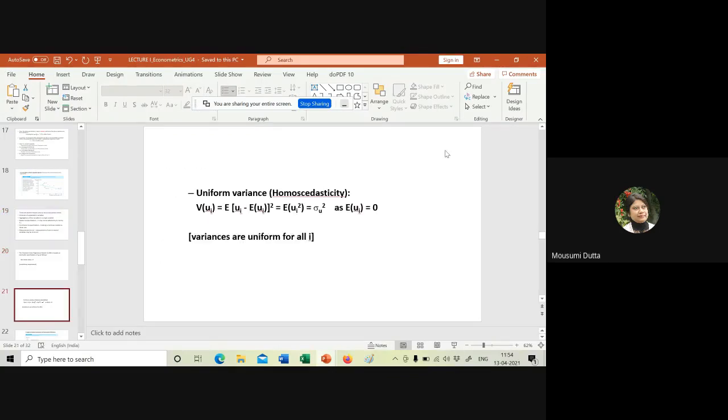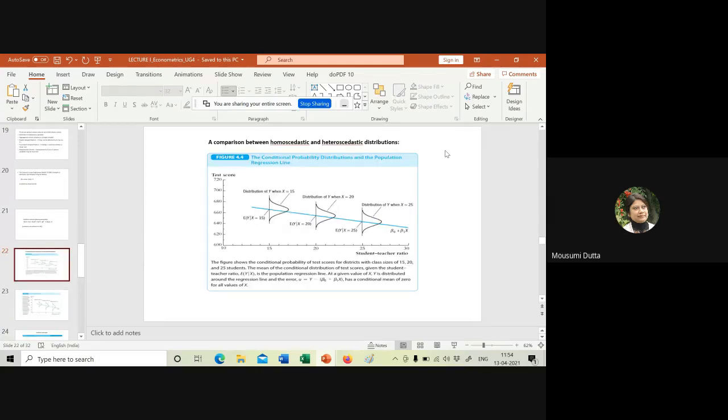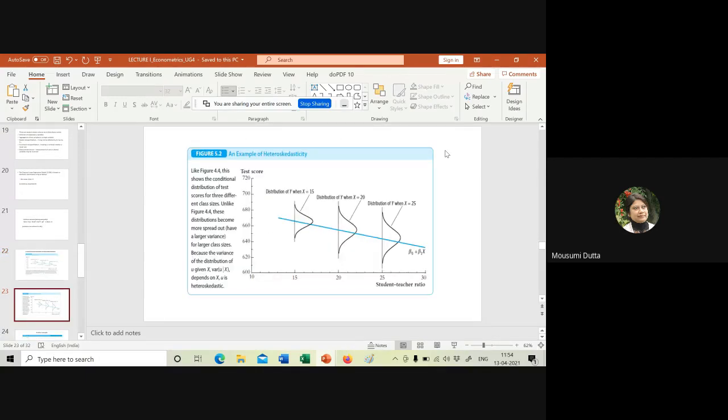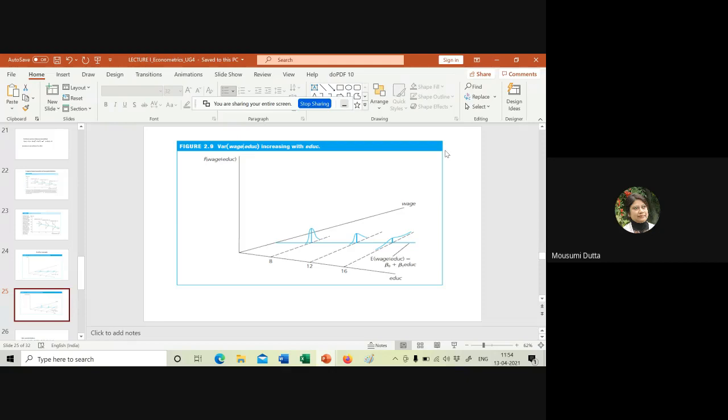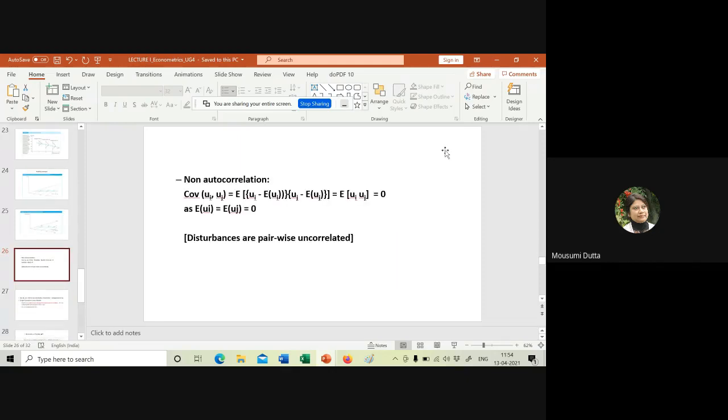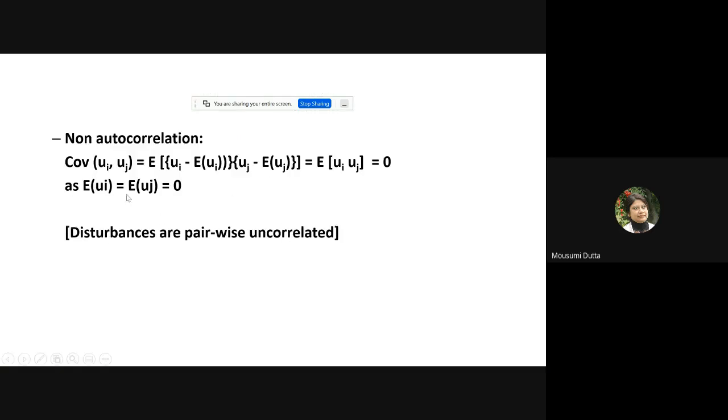Okay, so let's come back to the assumption part. I completed up to uniform variance and I told you about these graphs. So now I am at the third assumption.